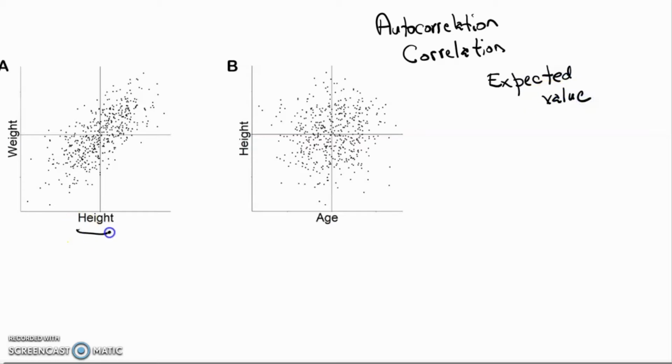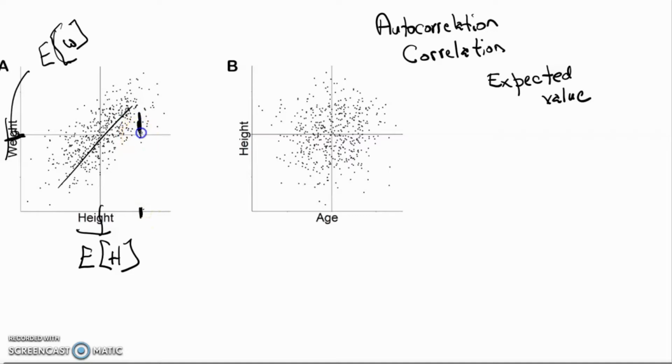So here we have height and weight. You can see they're correlated. We have here the average height, which we can think of as the expected value of height. And here the average weight we can think of as the expected value of weight. And let's take someone that's in this particular height class.